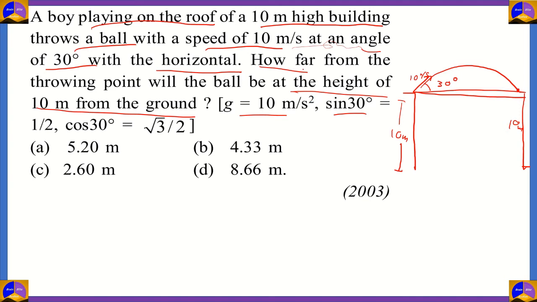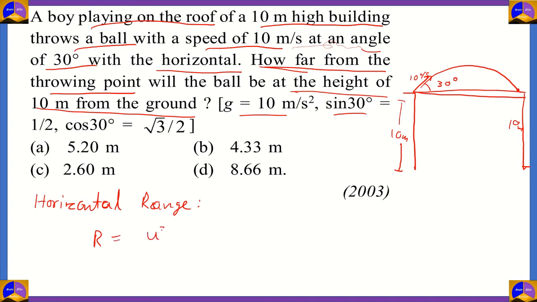The question is asking us how far from the throwing point the ball will be. So basically, they're asking us about the quantity known as horizontal range. So how do you find the horizontal range r of a projectile in projectile motion?